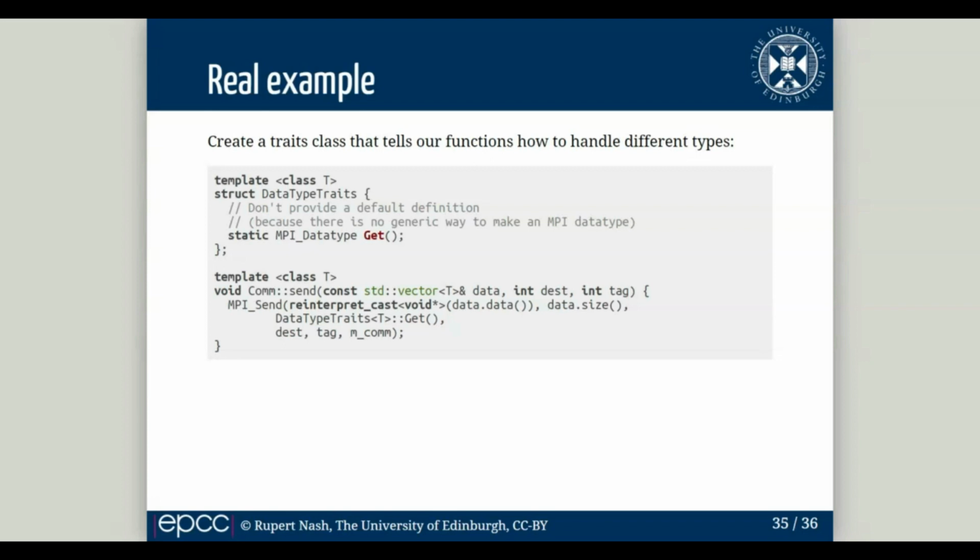So you can see now how this com send looks. It takes some class template T, and instead of taking a specific MPI data type, it takes data type traits of T, and it calls the get function.